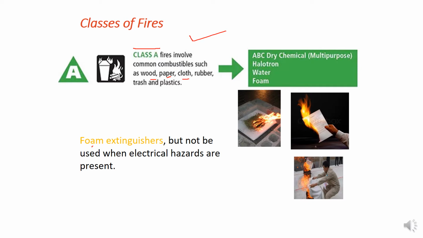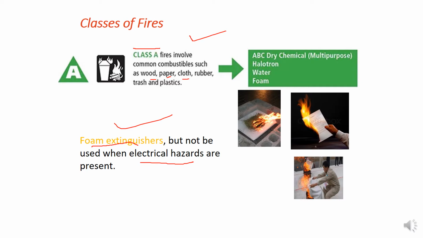So the foam extinguisher can be used to stop it, but not when an electrical hazard is present. Normally we use the foam extinguisher to stop class A fire. But if there is a chance of electric hazard, like wires or an electric socket, then of course you will not use foam extinguishers.